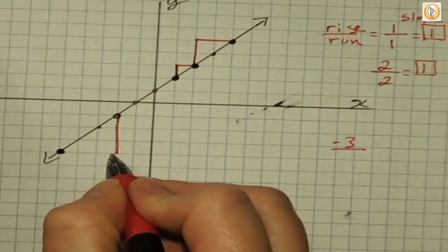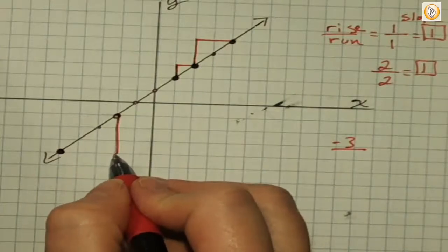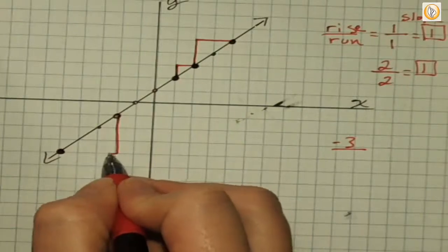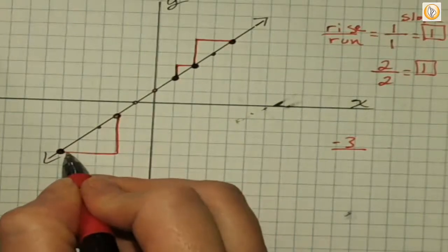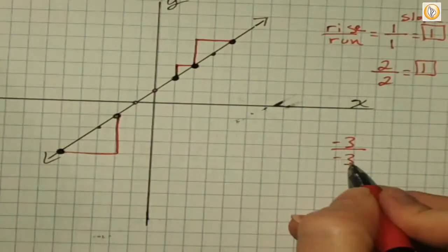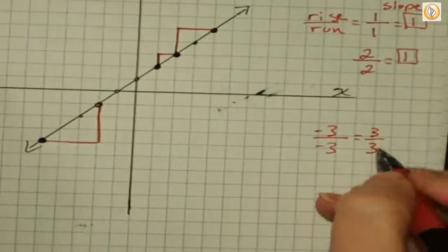Why wouldn't we start on the other one? You can. I'm just showing you. Now I have to go left. How many places? And left is negative. Negative over negative is positive, and 3 divided by 3 is 1.